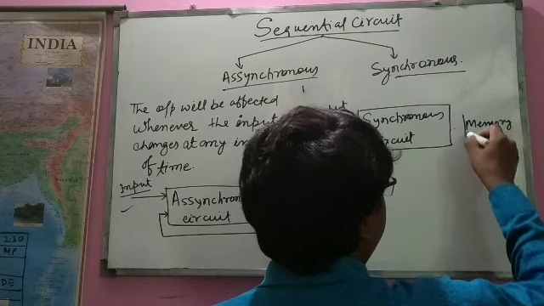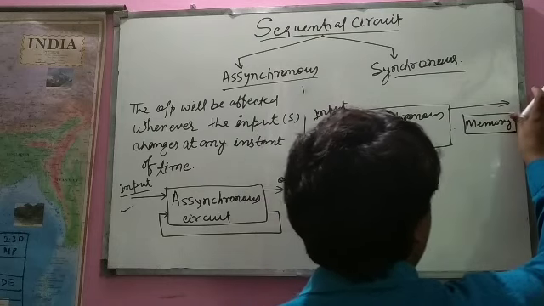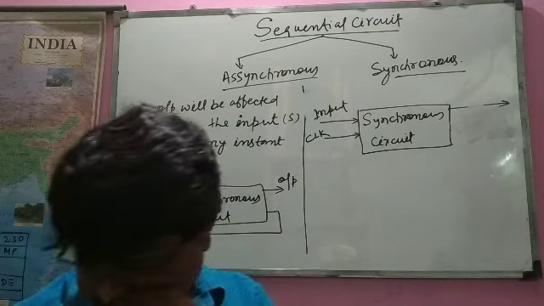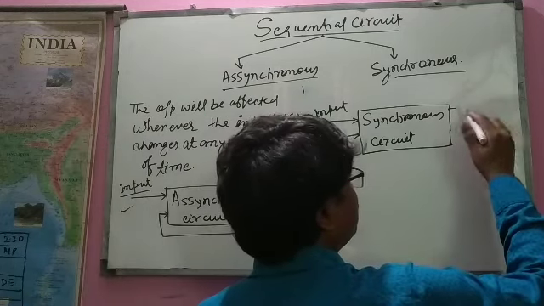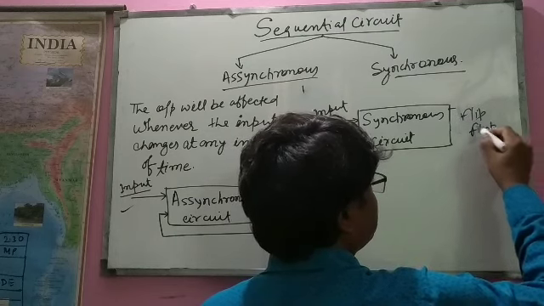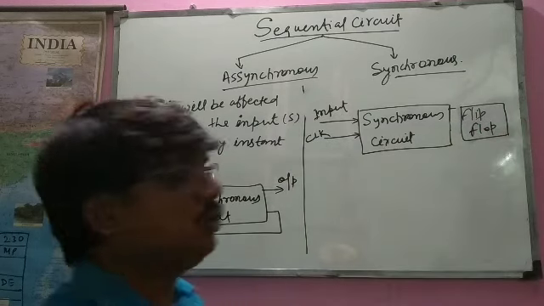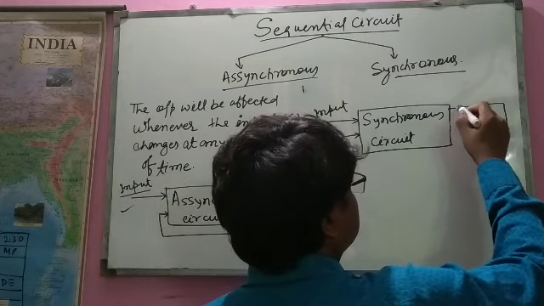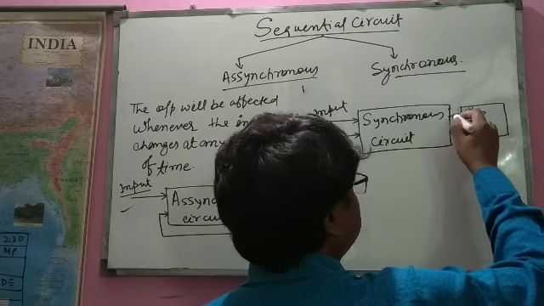So it may be like this, or you may say that the memory is nothing but the flip flop. So you can write the flip flop also, because a flip flop is a synchronous sequential circuit, because it has a clock. So let us suppose this is the input and this is the output.